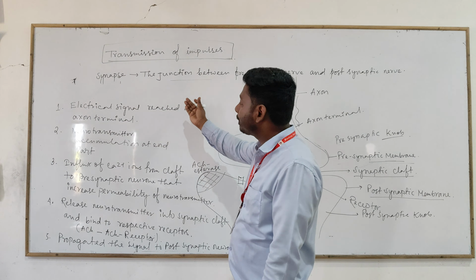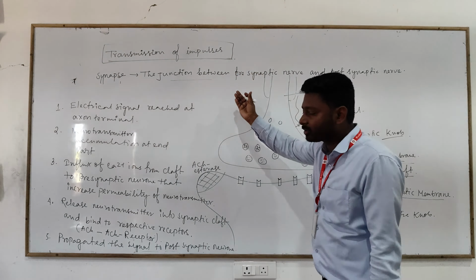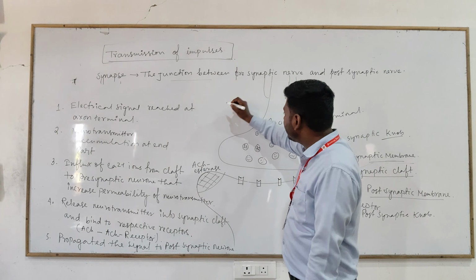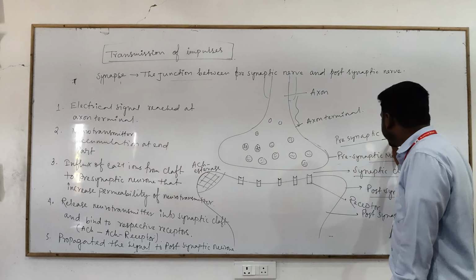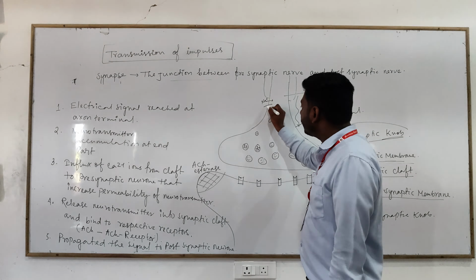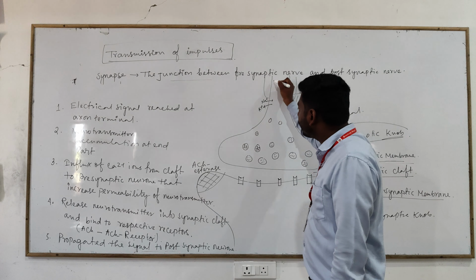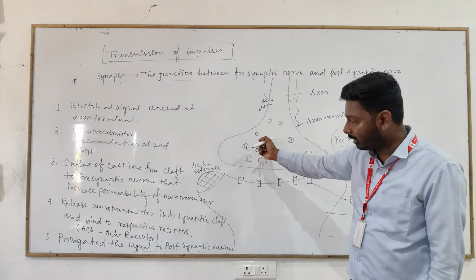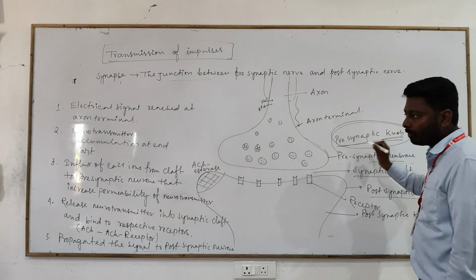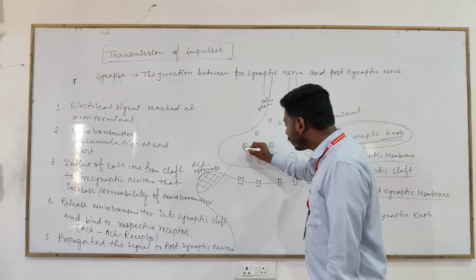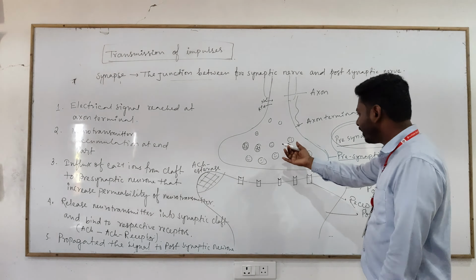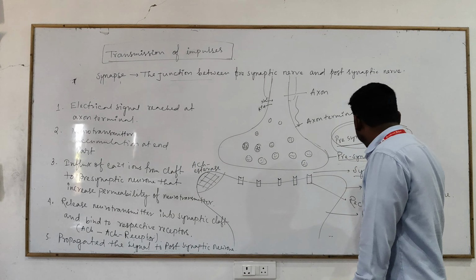That is how the process of transmission of impulses occurs in the synapse. First, when the signal reaches the presynaptic nerve part, due to the changes in sodium and potassium ions in the membrane of the nerve, when it reaches the end of the presynaptic nerve, the neurotransmitters accumulate near the presynaptic membrane.